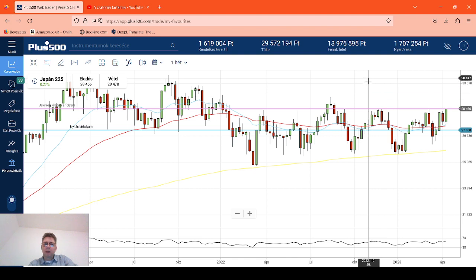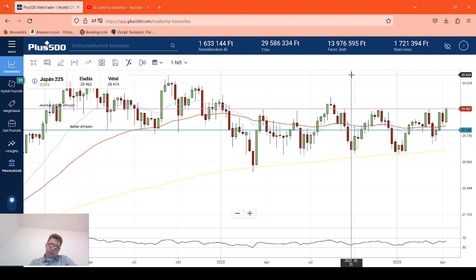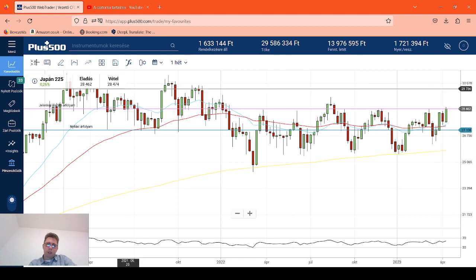If we can break above there, yeah, we have all sorts of resistances here. 29,840 is resistance, and then above that area 30,600. We have big green candles, suggesting that we might continue this bull run, and even on the weekly we are bullish.